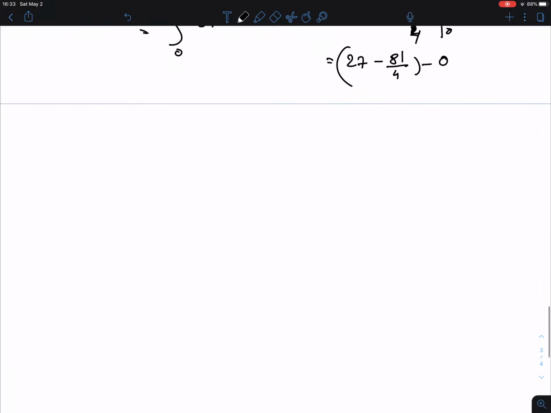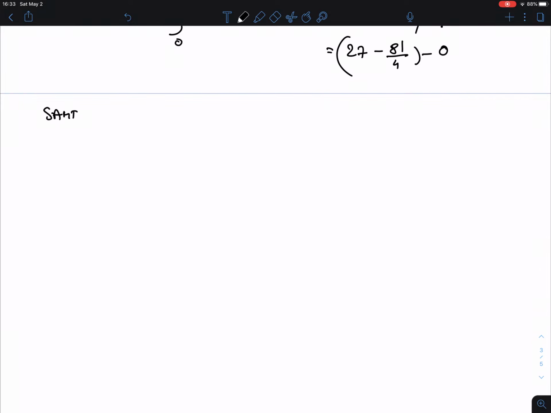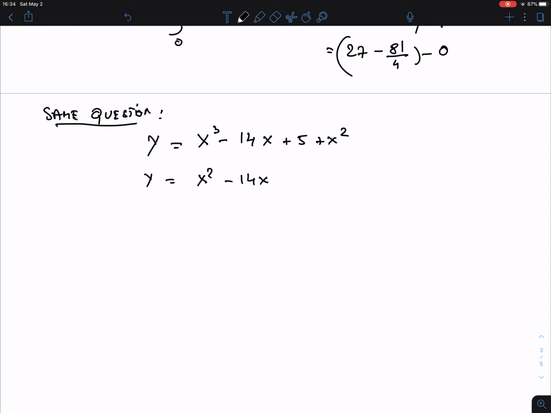Okay, so I want to do the following two. Same question. y equals x cubed plus x squared minus 14x plus 5, sorry, I write it in a bit awkward way, and y equals x squared plus 2x plus 5.